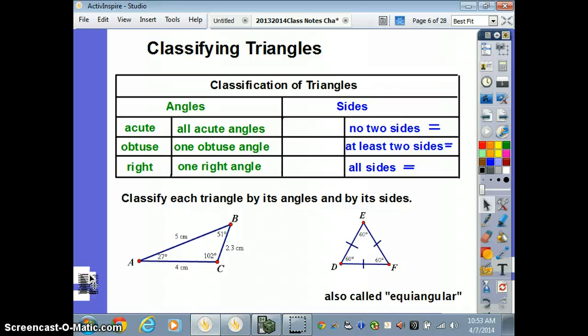Why don't we go down here and classify the triangle by its angles right now? Let's use green to match that up. We're going to use one of these, acute, obtuse, or right, for this triangle. Looking at ABC, we see the 102, that's an obtuse angle, so it's an obtuse triangle.